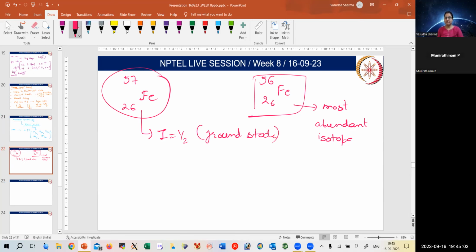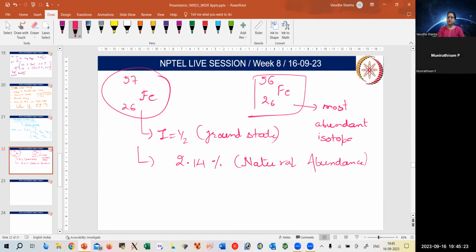It has a natural abundance of 2.14%. That means out of 100%, only 2.14% is iron-57, the rest is iron-56. So this much active isotope can only be used for Mossbauer spectroscopy.